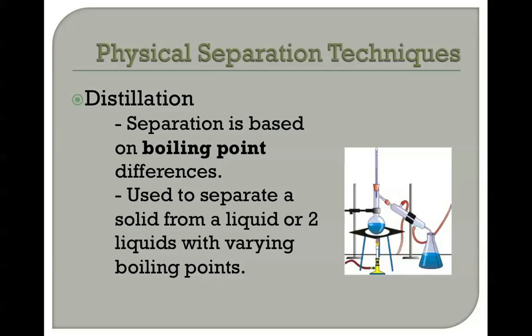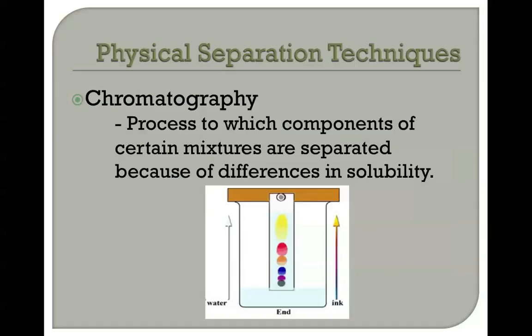So whenever you see a question about separating a mixture based on boiling point, you're looking for distillation. And then finally, chromatography. Many of you actually did this in biology, in a lab where you looked at the pigments in a leaf. Chromatography is a way to separate a mixture based on differences in solubility and a couple other factors that we'll talk about in class.